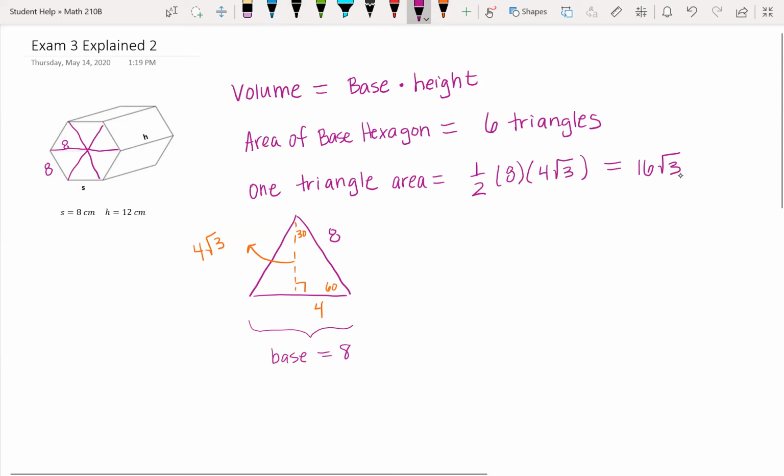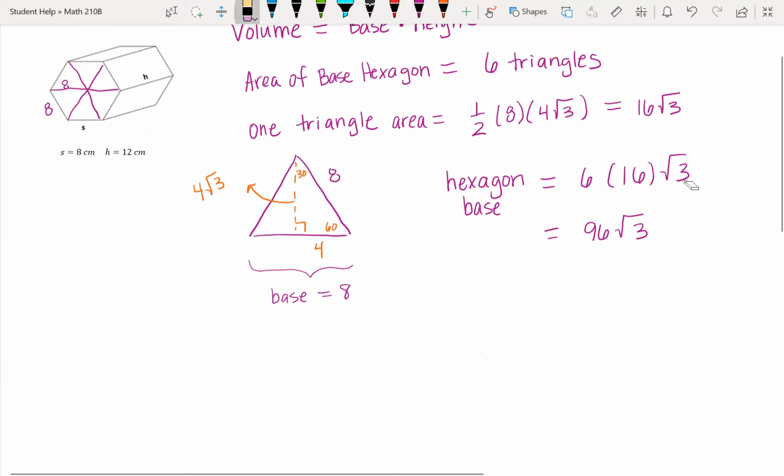So if we multiply that by 6, the area of the hexagon is going to be 6 times 16 square root 3, or 96 times the square root of 3.